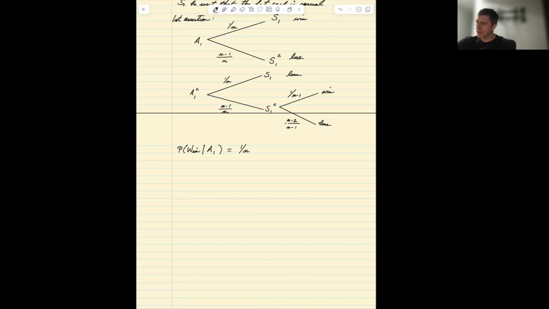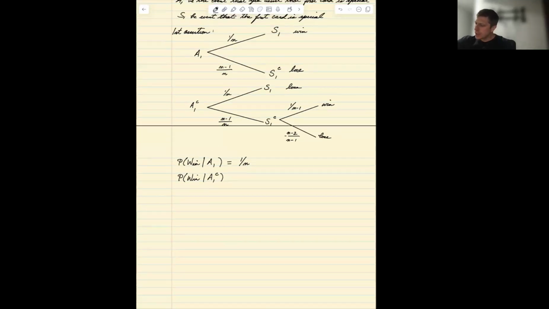It's very simple. What's the probability we win, given that we assert that the first card is not special? If the first card's not special, the only winning path is here, followed by here.